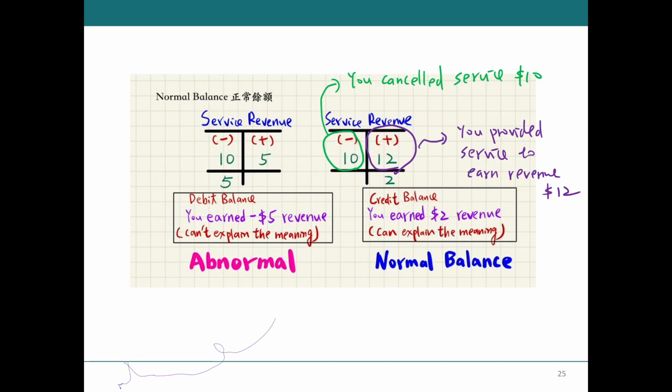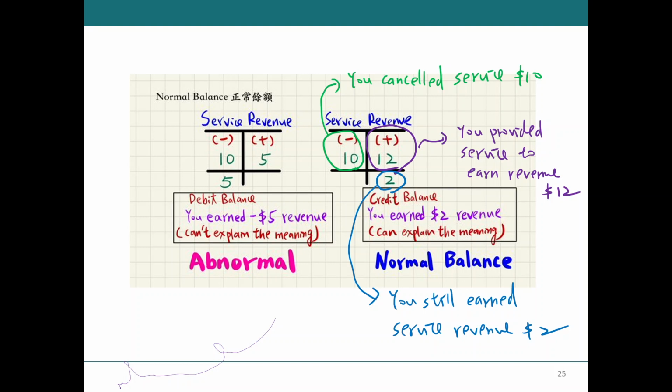Beginning provide $12 of service, you cancel $10, you still earn service revenue of $2. So you still earned $2. Okay?